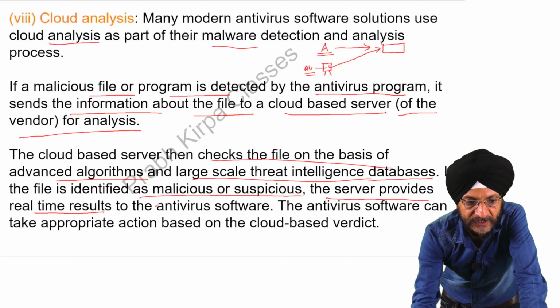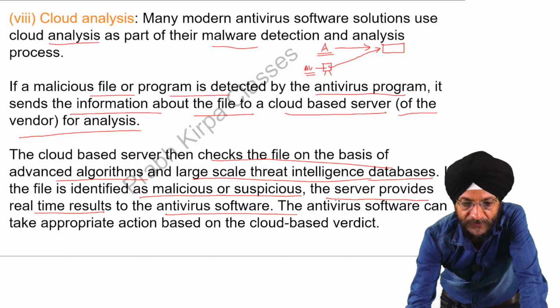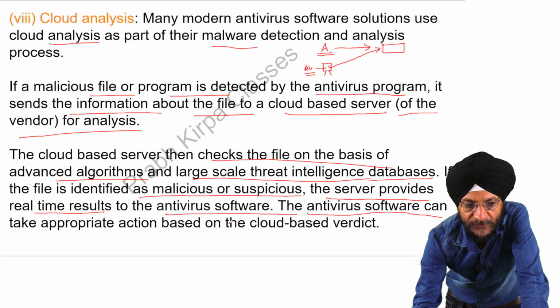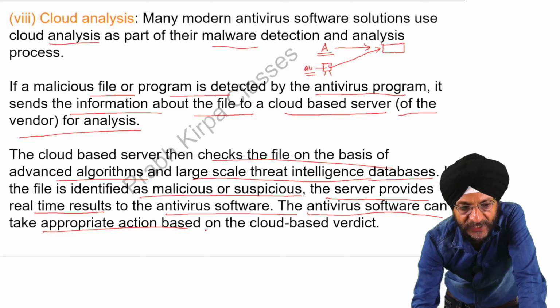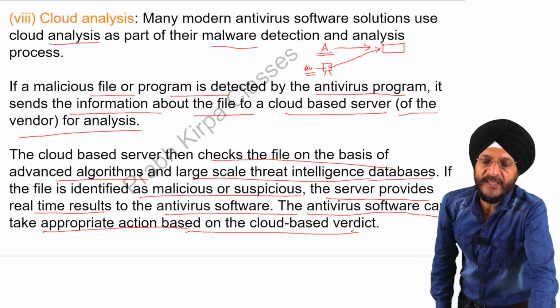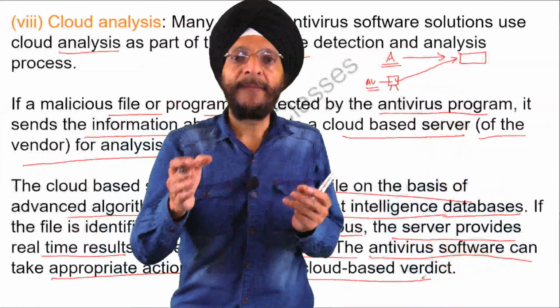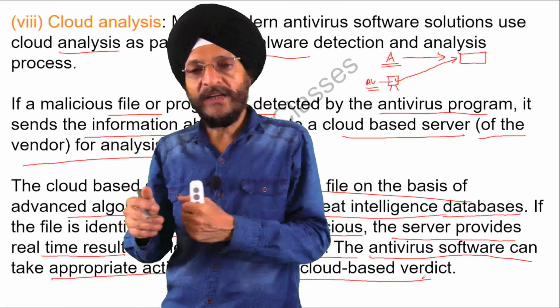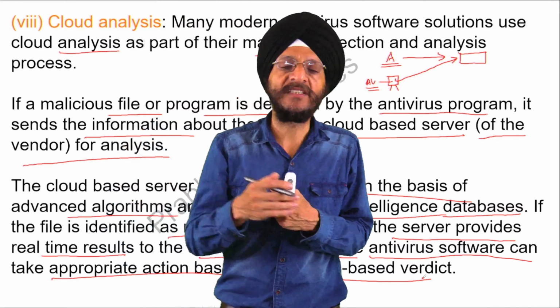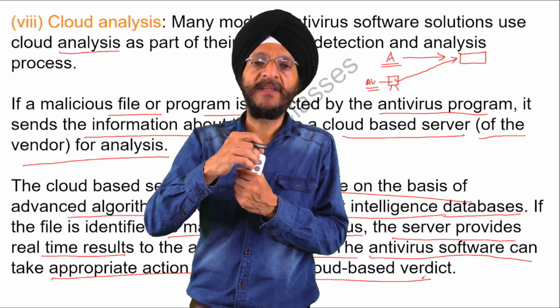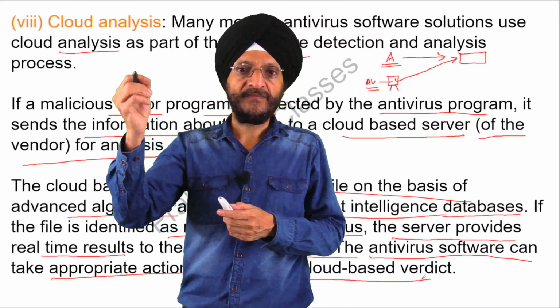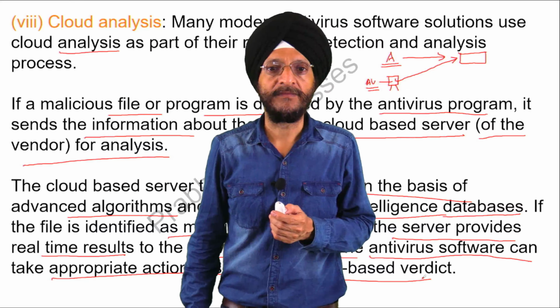Real-time means immediate results to the antivirus software, and the antivirus software can take appropriate action based on the cloud-based verdict. That is, the antivirus software may delete the file, quarantine the file, or take such other step as may be advised by the cloud-based server.